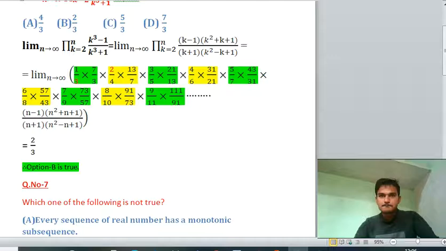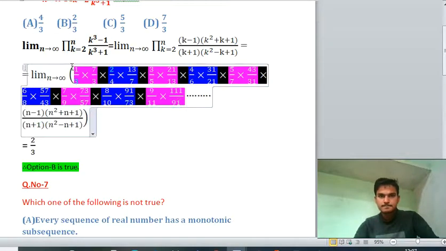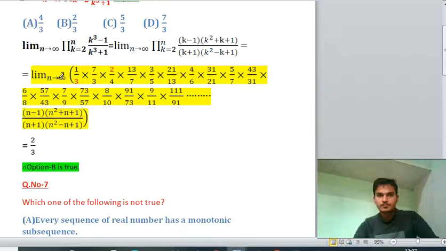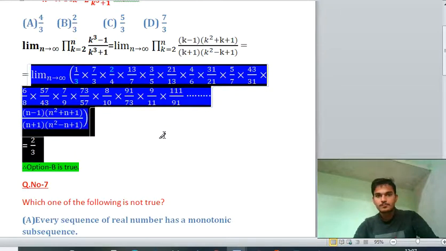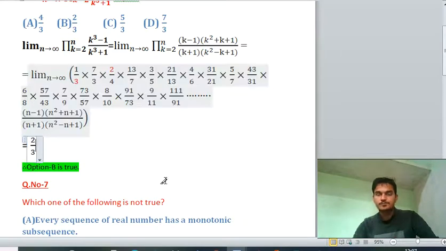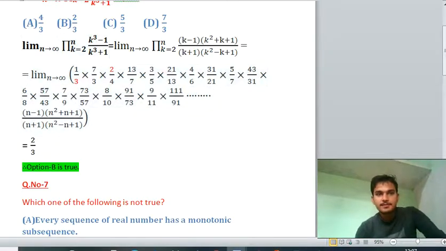You can see it here. Here 7 is there as a numerator.